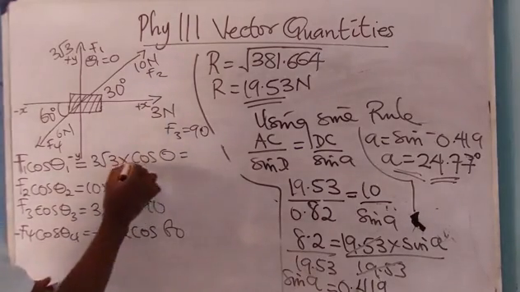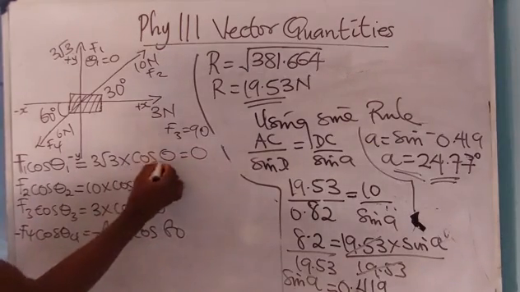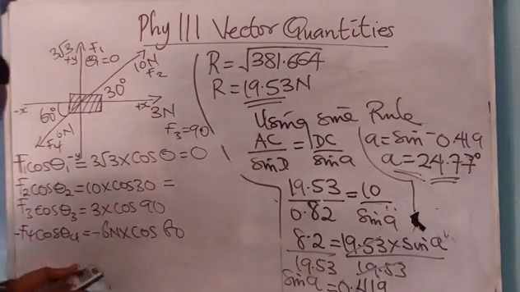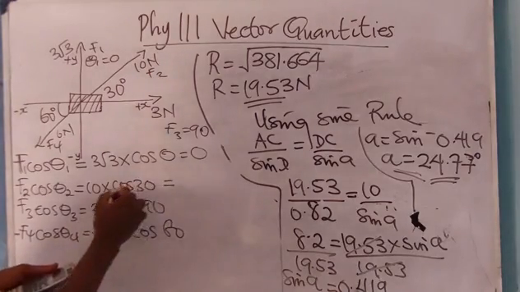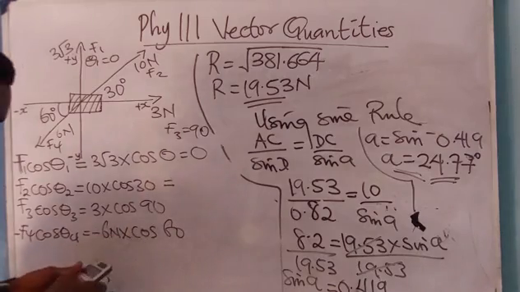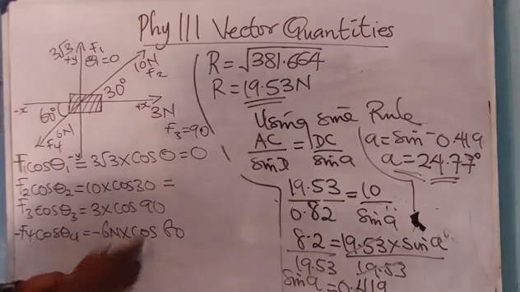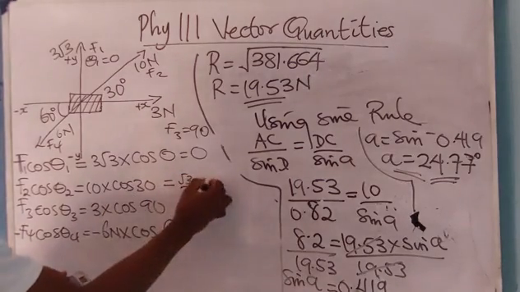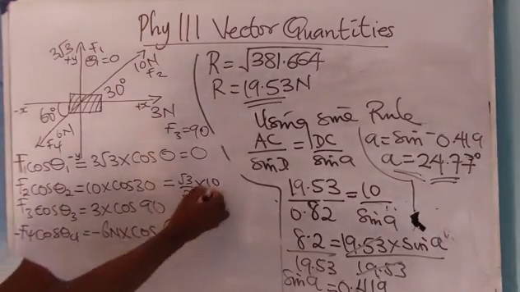Everything here is 0 because cos 90 is 0, and 0 times everything is 0. Then cos 30 is root 3 over 2 times 10. So 2 here is 1, 2 here is 5.